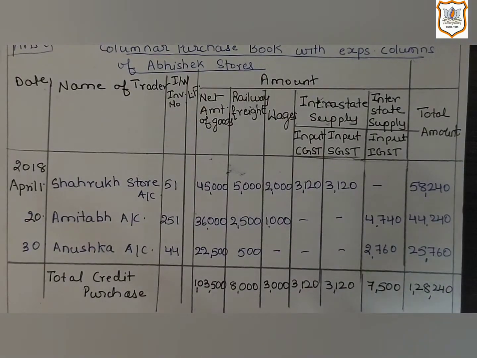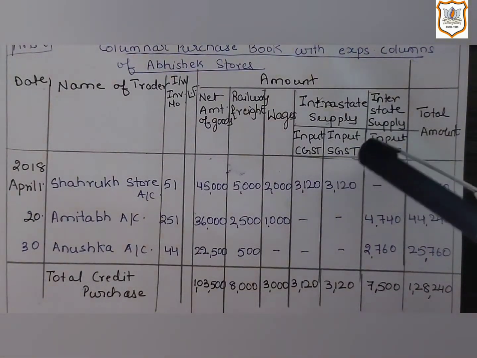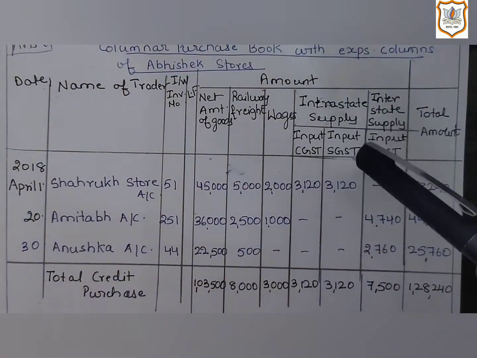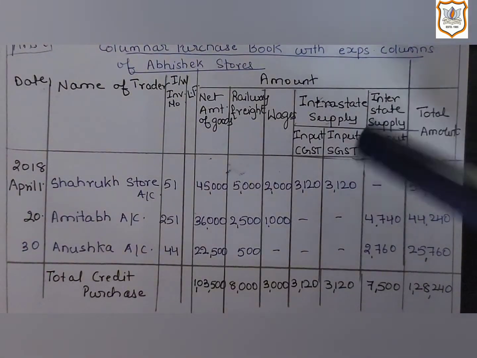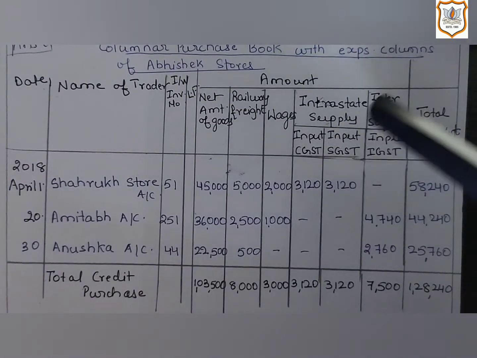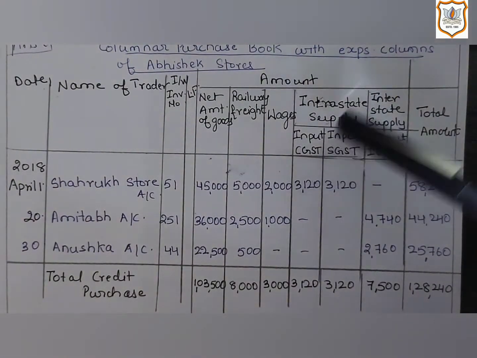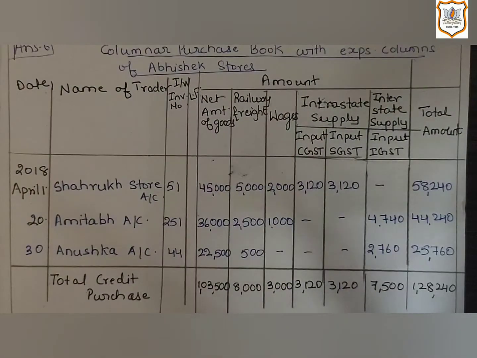That means it is intrastate supply, and for intrastate supply, CGST and SGST both are applicable. That means out of 12%, half, that is 6%, will go to the central government and half, that is again 6%, will go to the state government. These things we have already studied in chapter number 3, that is GST.